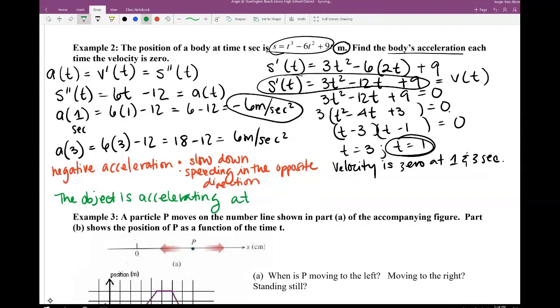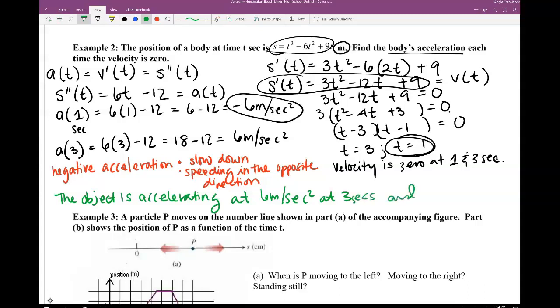The object is accelerating at 6 meters per second squared at 3 seconds. There's a lot of "at", isn't there? That sounds confusing. The object is accelerating at 6 meters per second squared at 3 seconds.